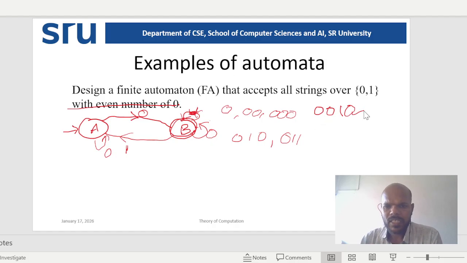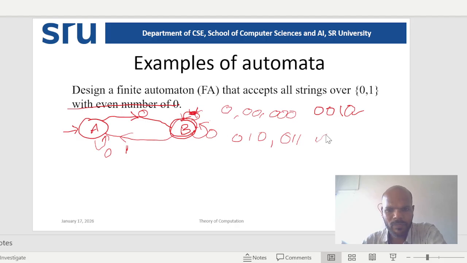So the property is not violated, meaning the string is satisfying the condition. I haven't yet checked whether the automata is accepting or not. Now check it: 0 1 0 0, 0 0 1 0, accepting. The string is accepted by the automata.